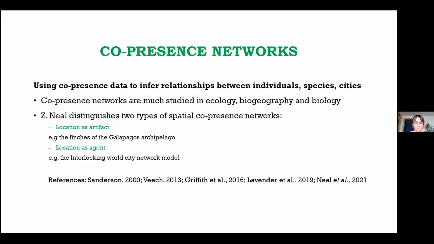And so you infer a relationship because they share the same place. In this case, it's what Zachary Neal called location as artifact in this type of networks. And the other situation is when you infer a relationship between places that share certain characteristics.